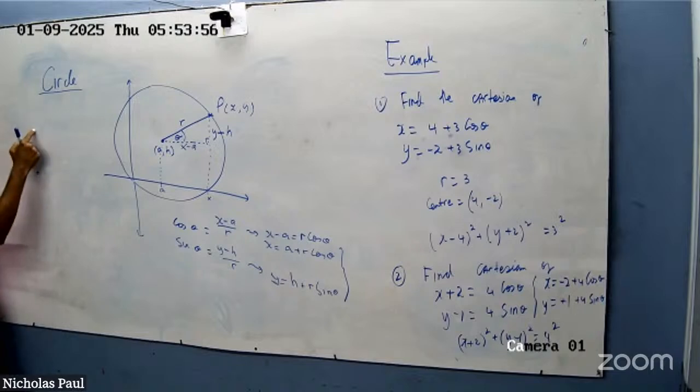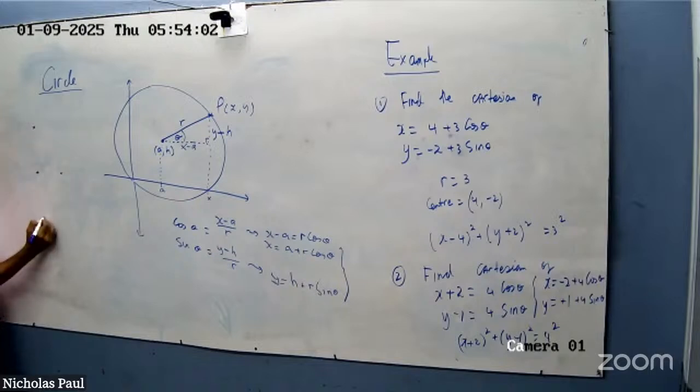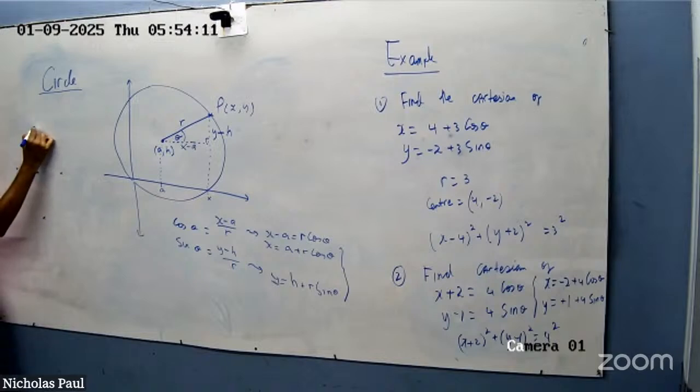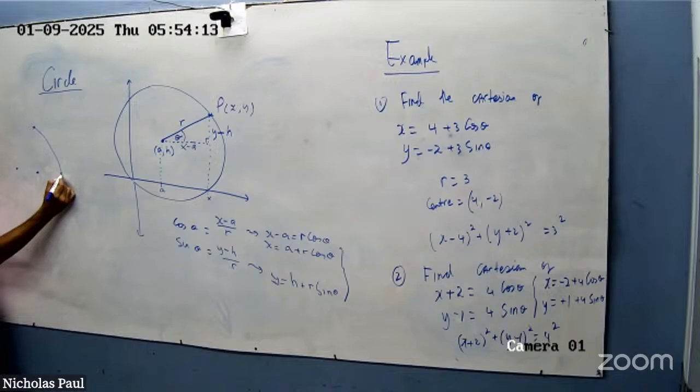So at this point here, that's the radius. At this point here, it gets a little bit smaller. At this point here, same thing. Here, and then again smaller here. Then again smaller.